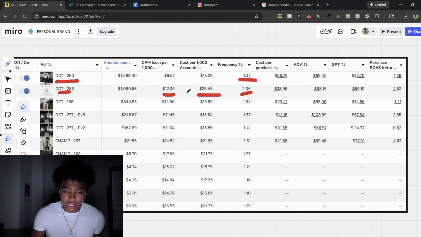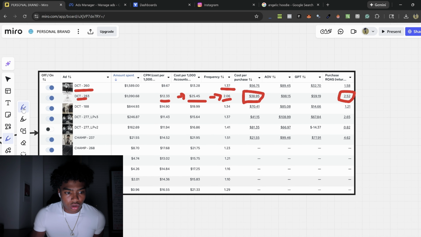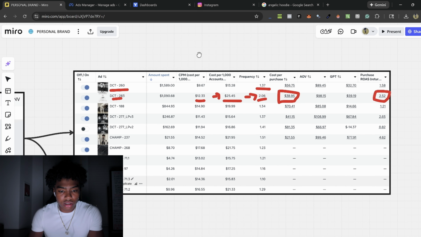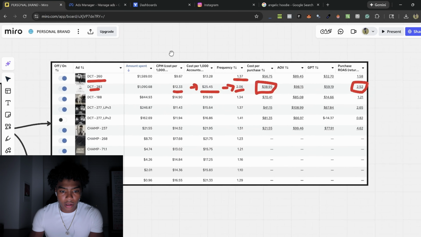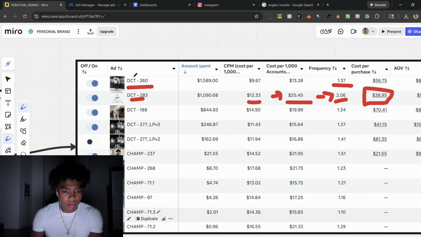So these are all indicators that this is a bottom of funnel ad, with the cost per purchase being lower and the return on ad spend being higher, you know what I mean? So like I said, everything is an ecosystem. Ads do not work in isolation. This is the ad that's introducing people to our business, and this is the ad that's converting people, you know what I'm saying?